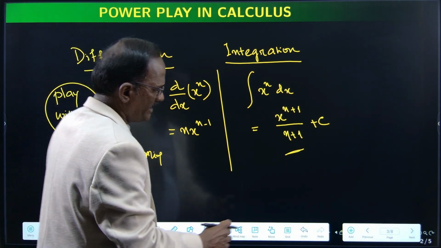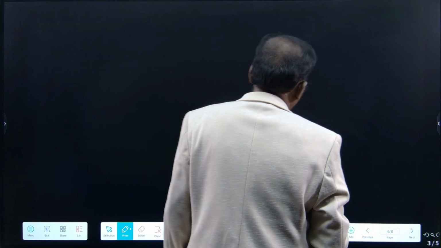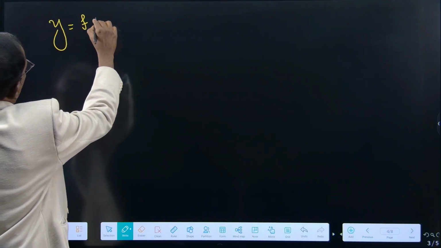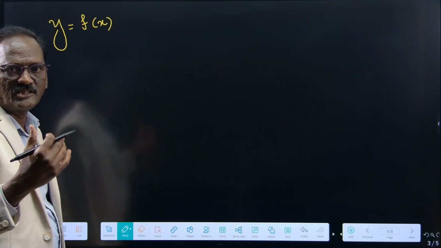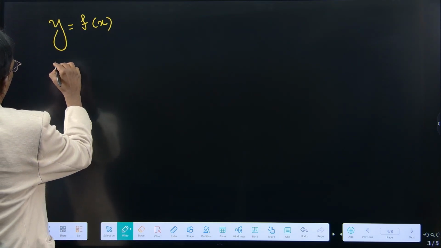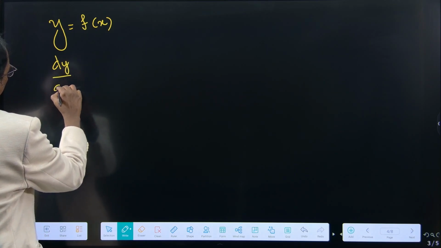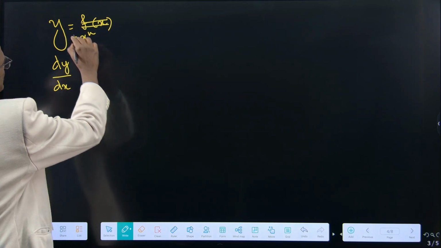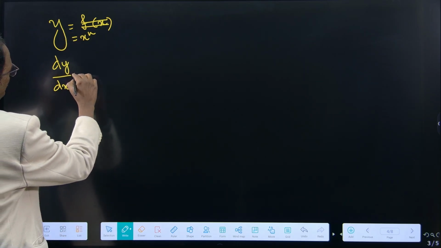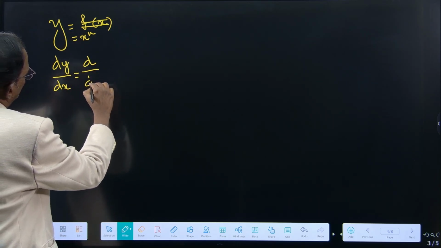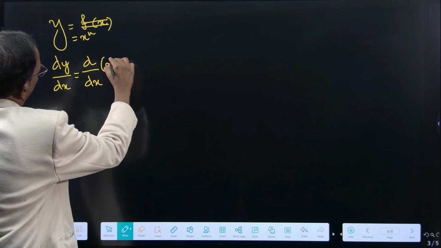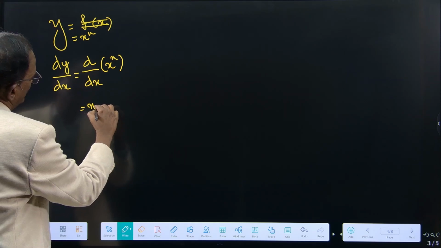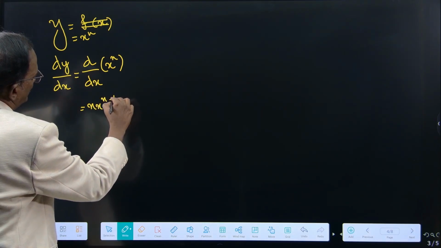Assume y is equal to function of x, that is, y is varying with respect to x. I want to find dy by dx of it. Say y is equal to x power n. So dy by dx, I will be writing d by dx of x power n, instead of y. This is n into x power n minus 1.